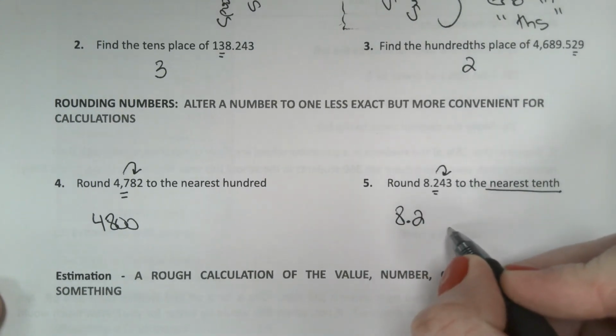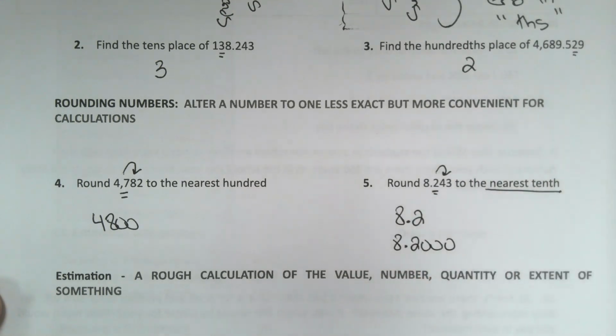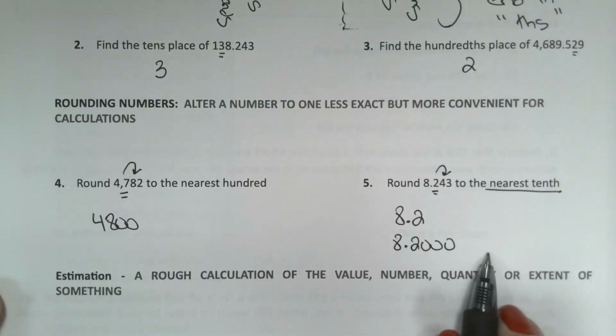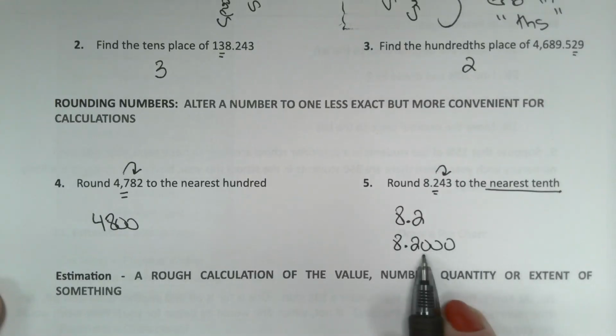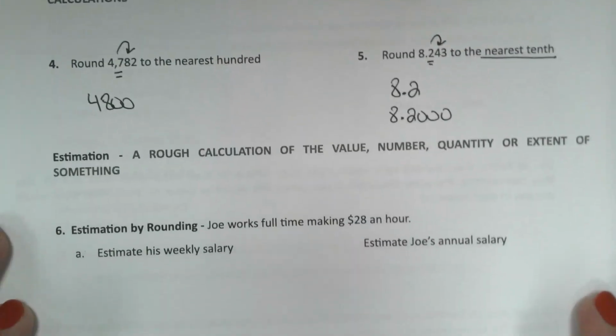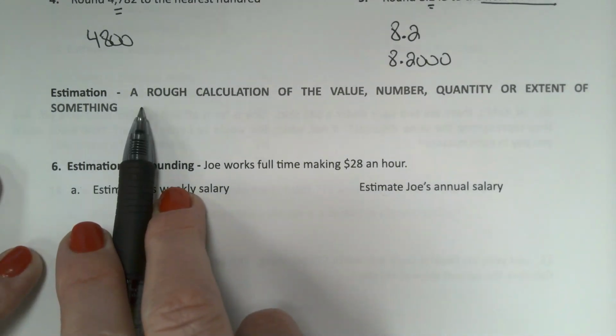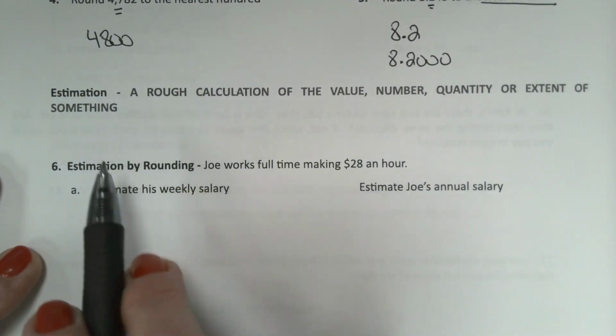Any number to the right of the decimal, if it's a 0, is really just a placeholder. It doesn't change the number in any way, shape, or form. So if you add more zeros, this is exactly the same. So rounding is to alter a number for convenience.